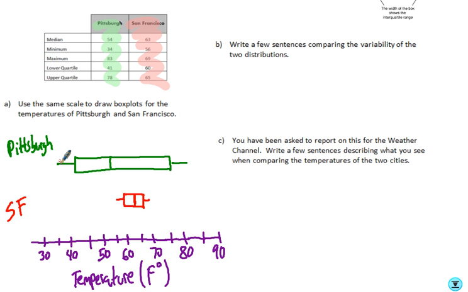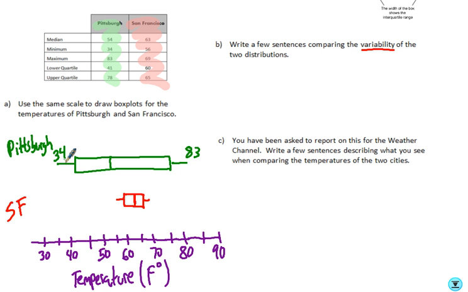in temperature. So when we're comparing variability, what they want us to talk about is the range. So the highest temperature, just so we can get some numbers on here, the highest temperature that we saw here is 83, and then the lowest temperature that we saw here was 34.